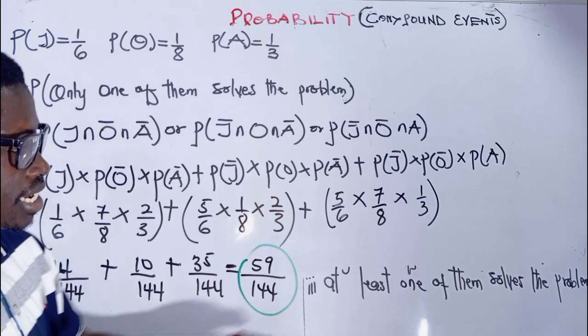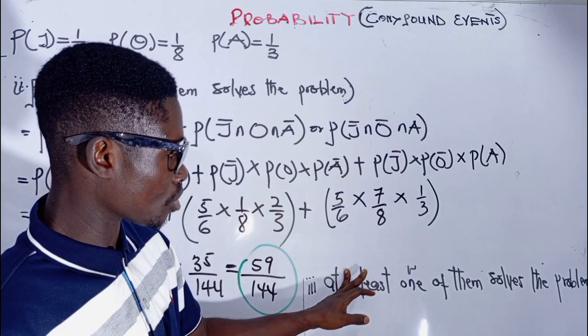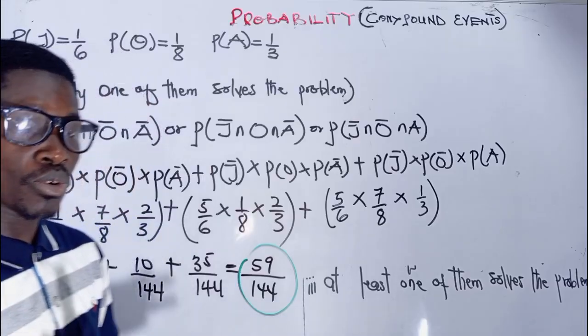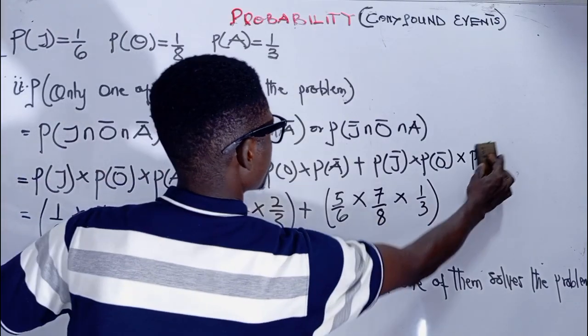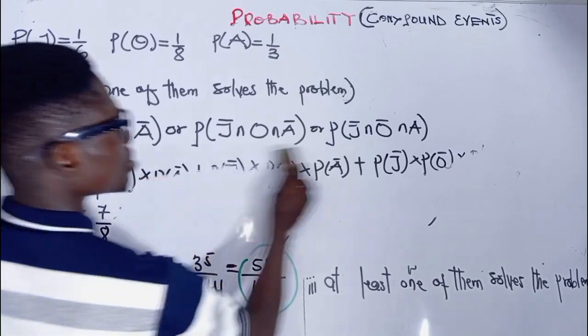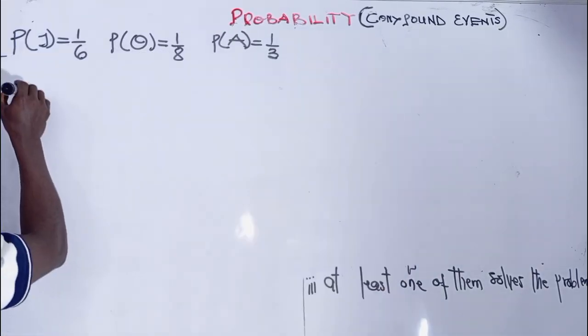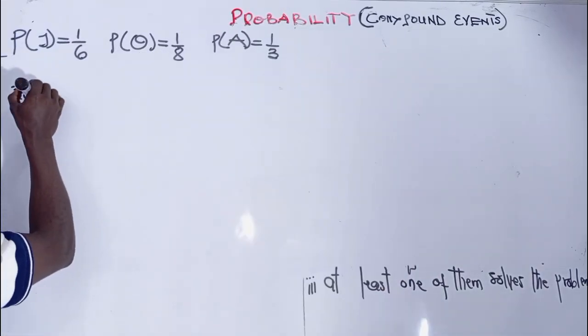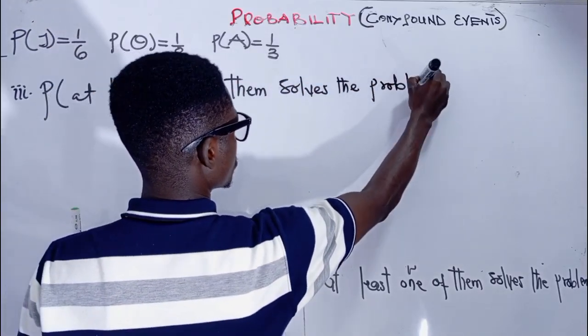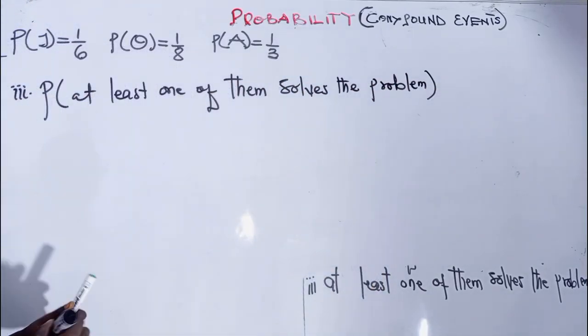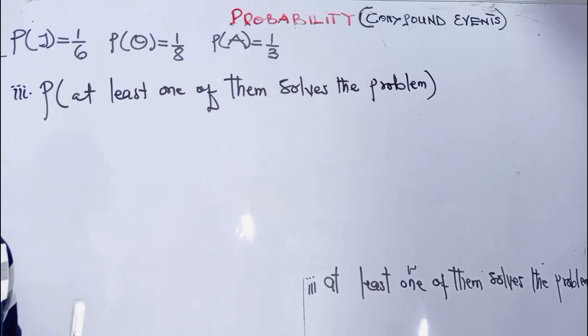Very, very easy. Let's look at at least one of them solves the problem. So we are looking at probability that at least one of them solves the problem.